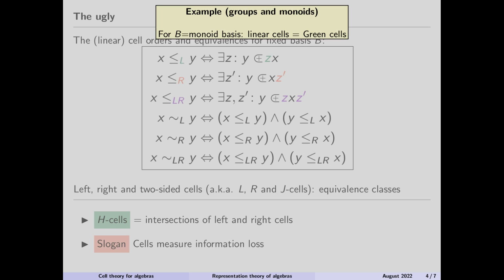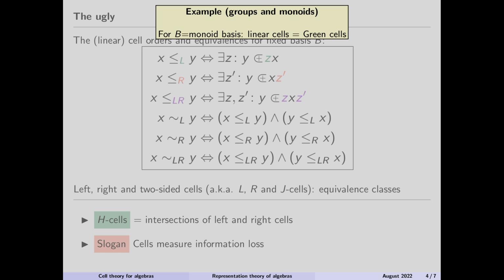So, for the case from yesterday, for a monoid, let's say the group algebra of a monoid over some field, my choice from yesterday was the monoid basis, and this specializes to the case from yesterday. The exact same cells in the sense from yesterday for this special case.